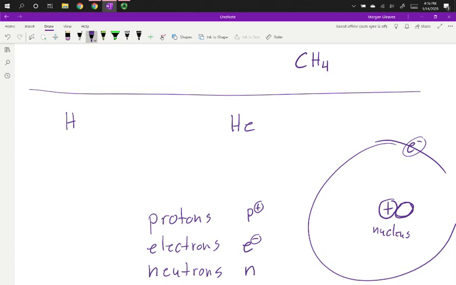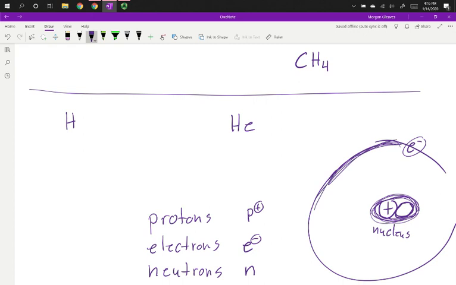Well, this is the modern atomic construction. This is the nuclear model of chemistry. There is a small gathering in the center of all your protons and neutrons, and then way outside of them are your electrons.